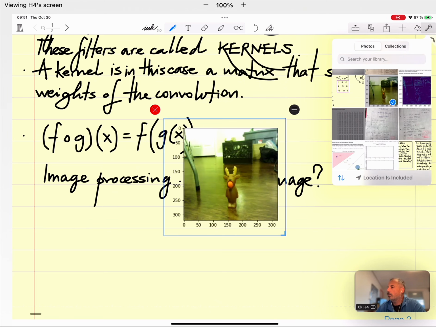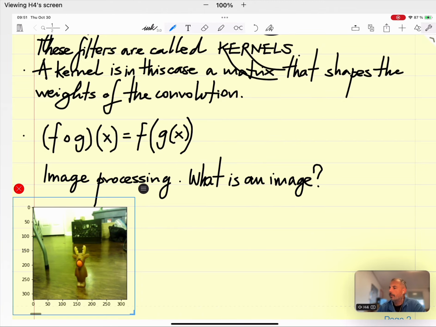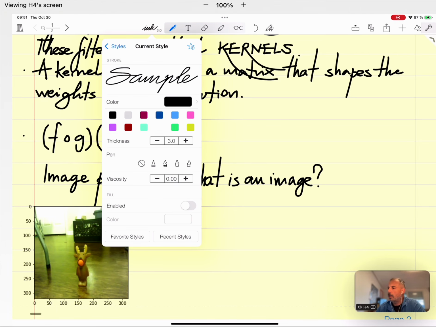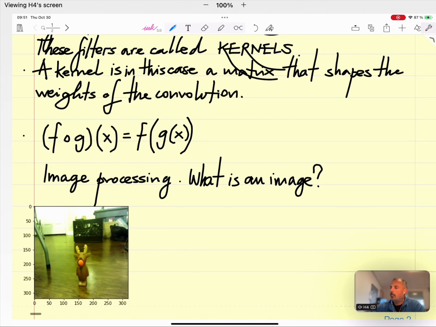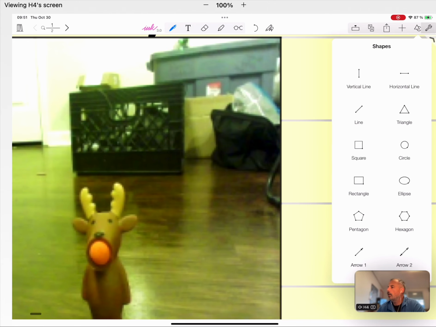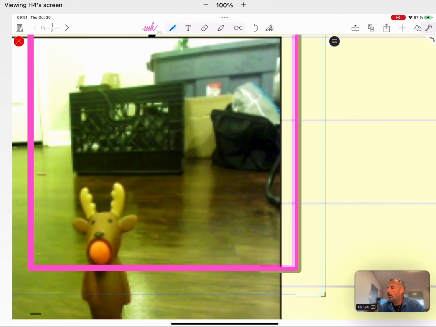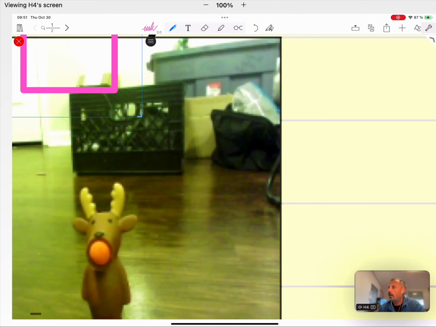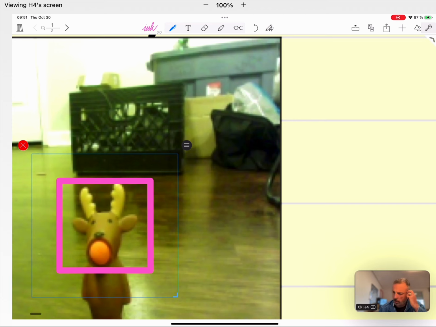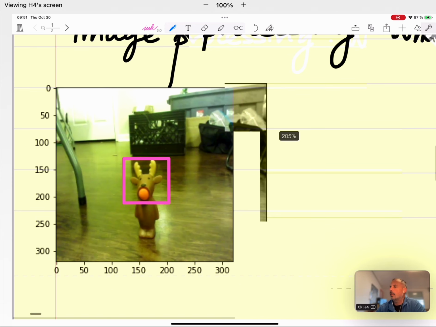So we have this image. From this image, we take, let's say, a portion, like one little square of the image, like the face of the puppet.